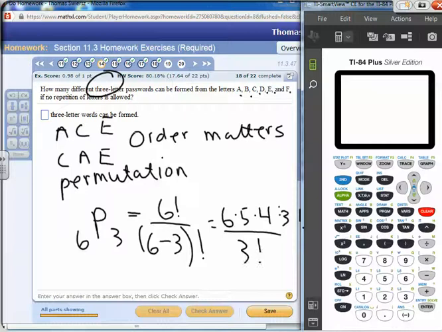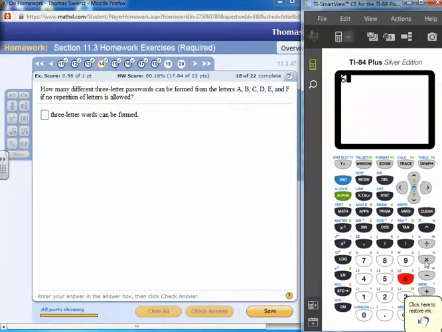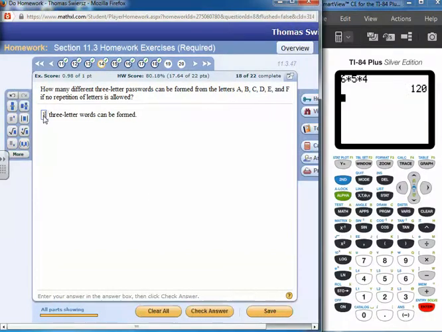The 3 factorials cancel, so our answer is simply 6 times 5 times 4. Doing that on our calculator, 6 times 5 times 4, we get 120 three-letter passwords.